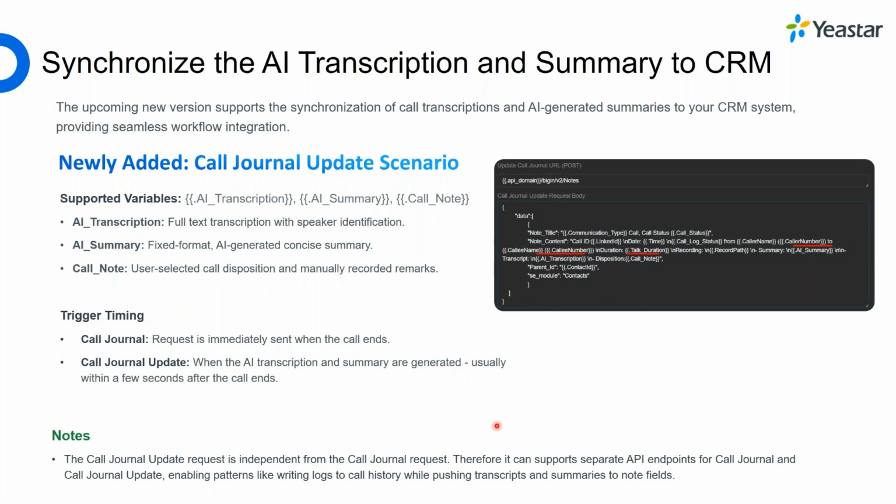You can send this one to the call log or history, and this one to the call note or activity on the contact or company page. It depends on you.